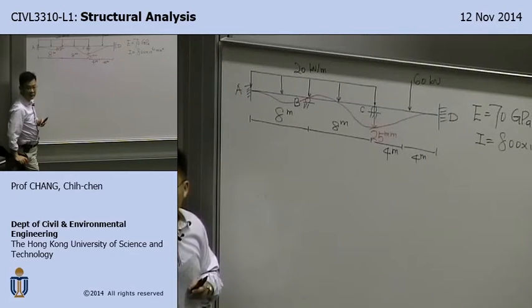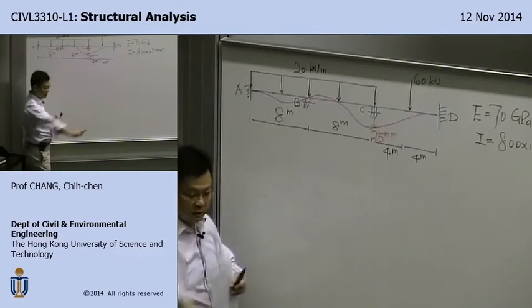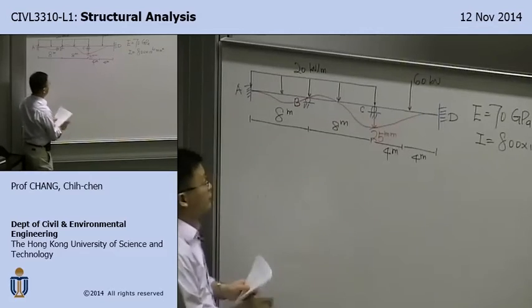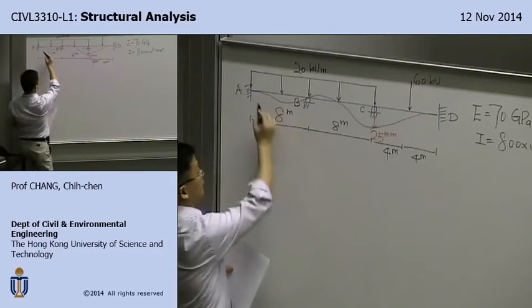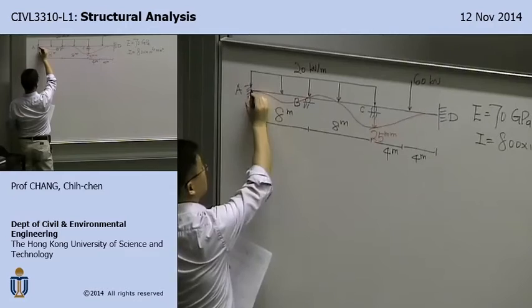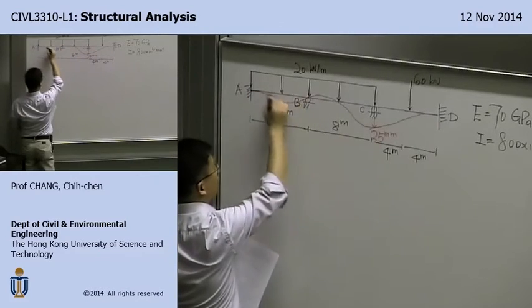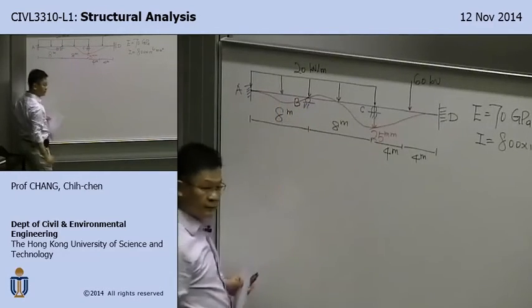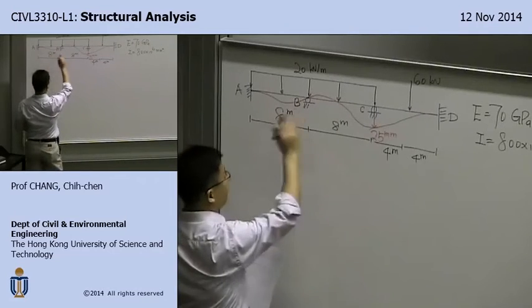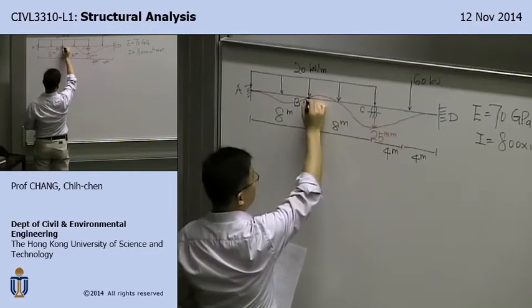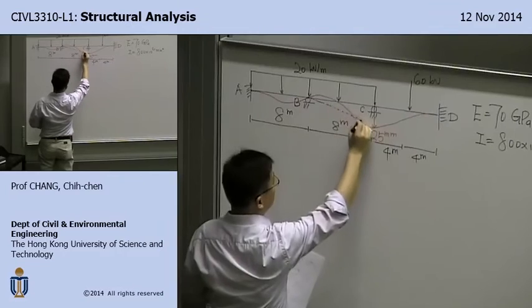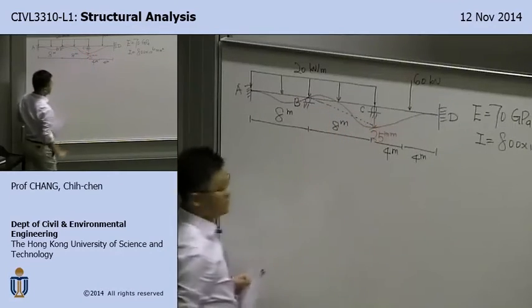Hey guys, any questions? Okay, go. Now, obviously, this connecting to that, there's no rigid body rotation for AB. For BC, there's a rigid body rotation once you connect the two endpoints.